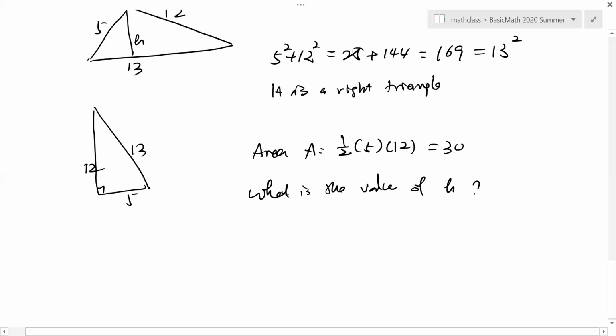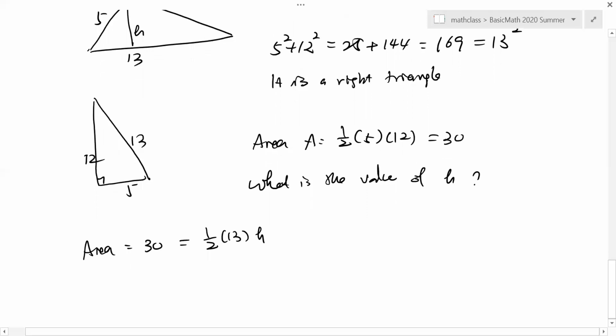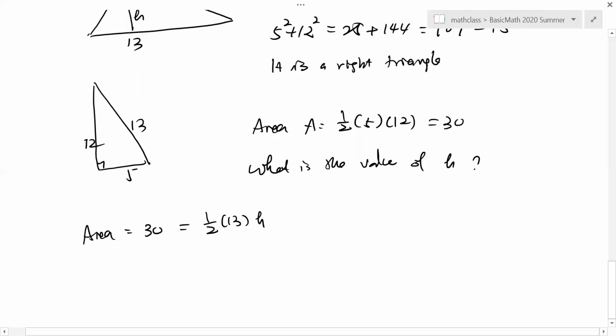All right, so you already know the area. The area is 30, right? But you can calculate the area in a different way. The base is 13 times the height divided by 2. So as long as you can write this down, you know how to find the height. This is pretty tricky, right? You multiply both sides by 2, so you get 60, then divide by 13.